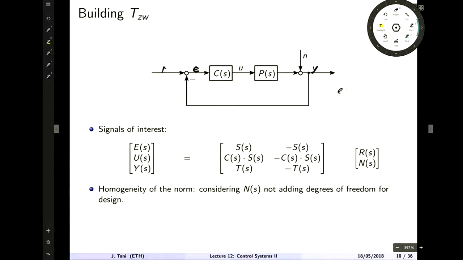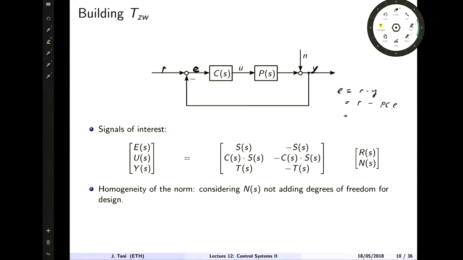We can say, well, E is nothing else but R minus Y, which is the same as R minus, and now we take out C and P applied to E. So let me erase that. I don't do the calculations for all, just for some.